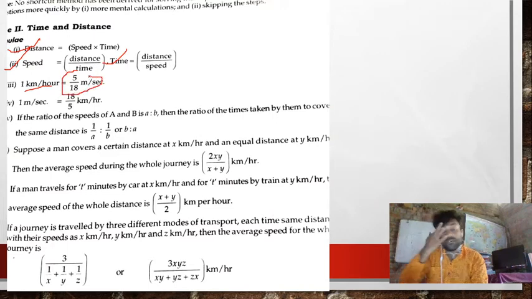Why is this required? Because when we do things fast, in a very short time we must do that thing.